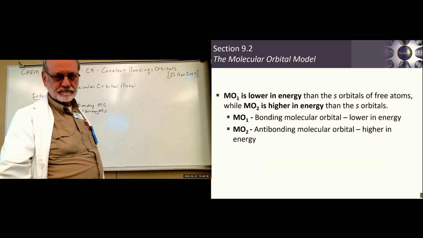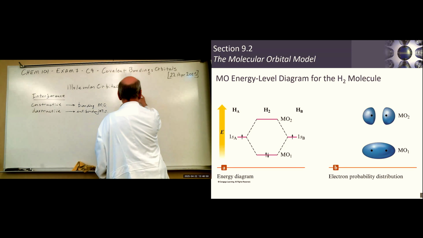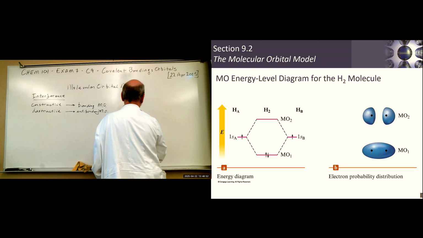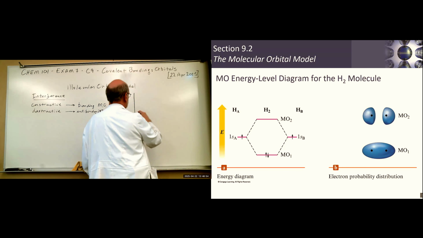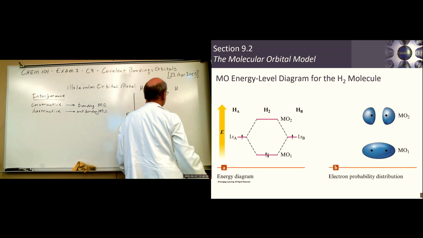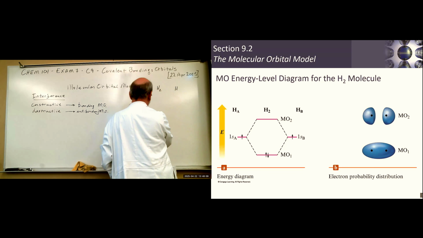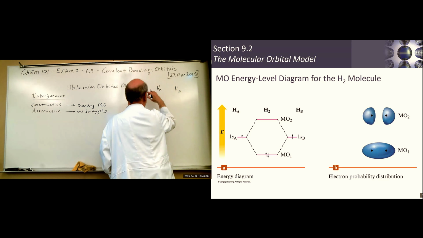So here's the way we represent it. We have our energy scale here, and then we have our atomic orbitals here. Let's go with hydrogen here, and then this is the molecule in the middle. So the atomic orbitals we would set up over here. Two different atoms.